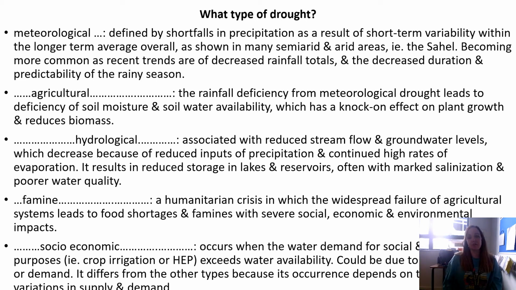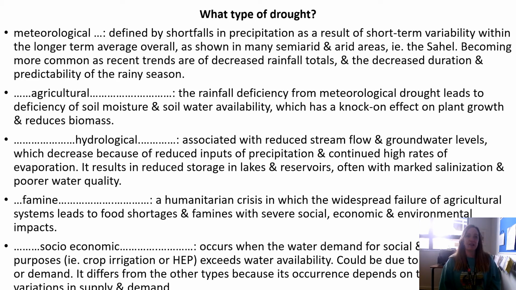And that means if there's not enough soil moisture, then it has a knock-on impact on plant growth, biomass, and can cause problems for farmers. Sometimes in this country we have gone into agricultural drought in the southeast of England where the soil moisture is not enough to sustain good crop growth. But generally we suffer more from shorter term meteorological drought.